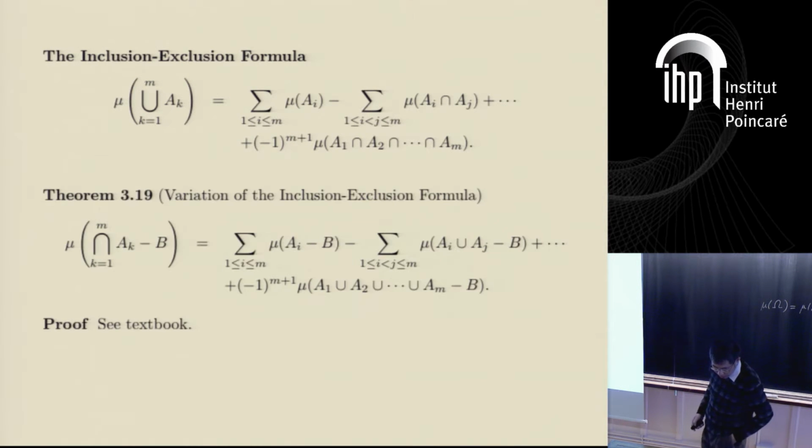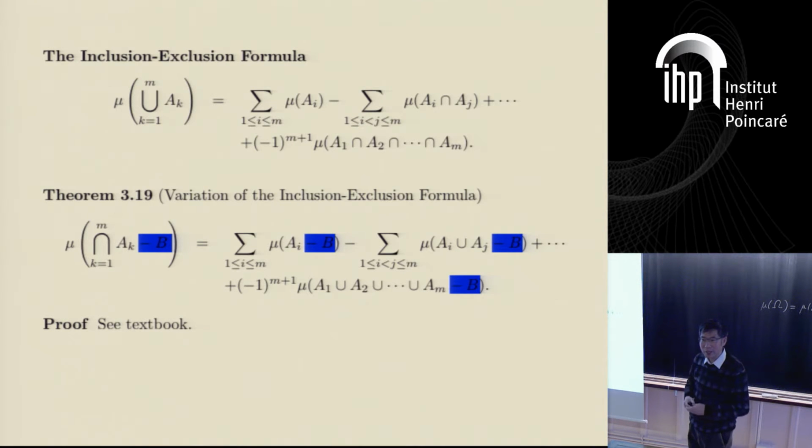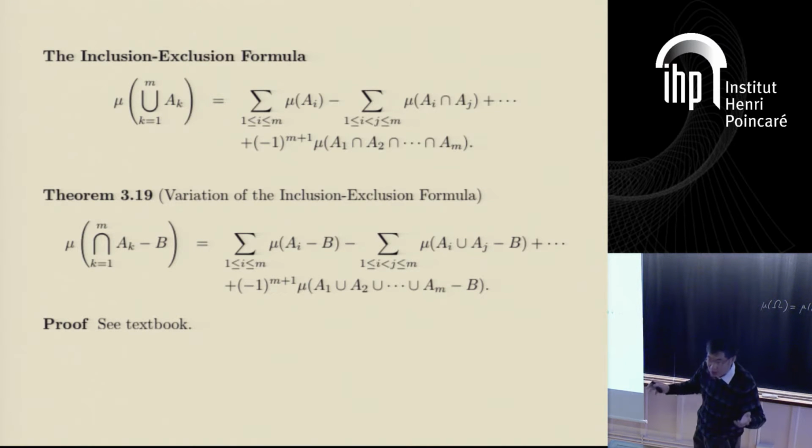I just copied it over. It turns out that you can prove a variation of the inclusion-exclusion formula. The new thing here is the B, but if you just forget about the minus B, this formula can be obtained from the inclusion-exclusion formula by exchanging the unions and the intersections. The subtraction of B is just trivial.